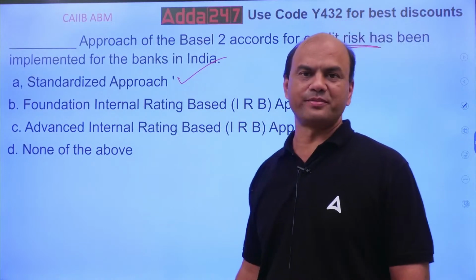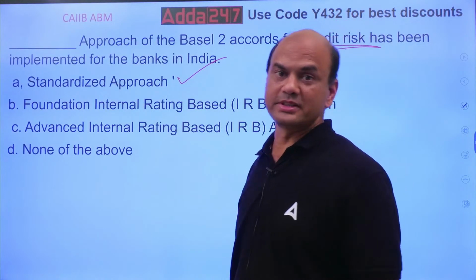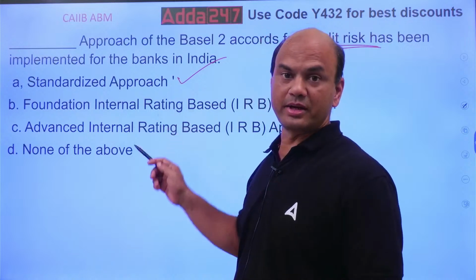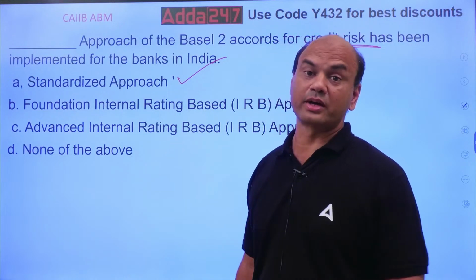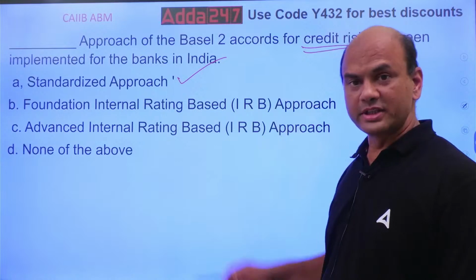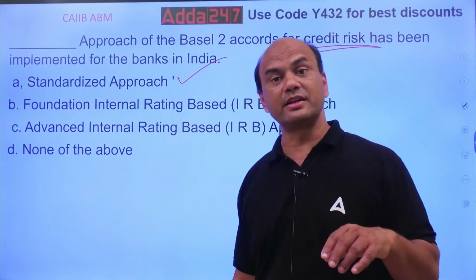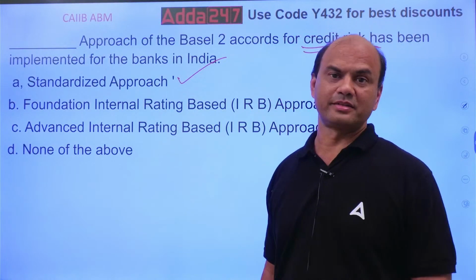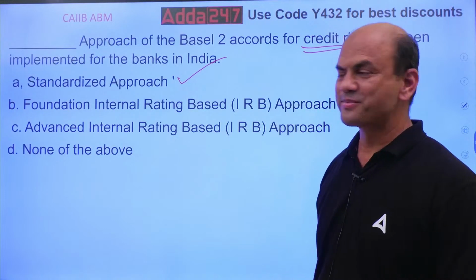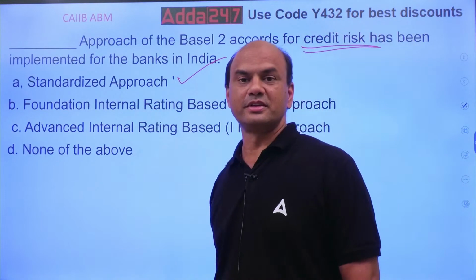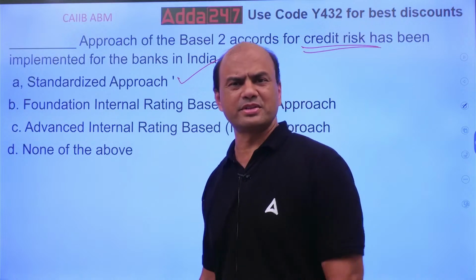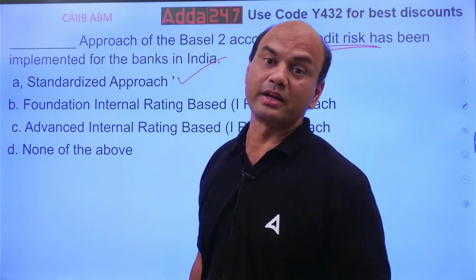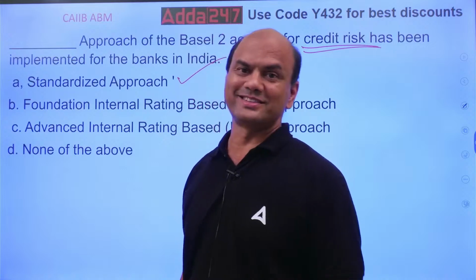Standardized approach is the approach recommended for all the banks in our country for credit risk. For operational risk, it is at least the basic indicator approach. In the standardized approach, you get the ratings from external agencies.